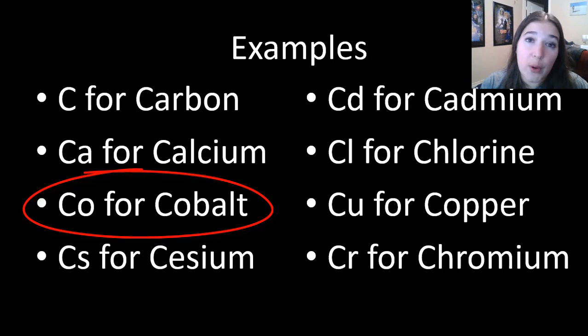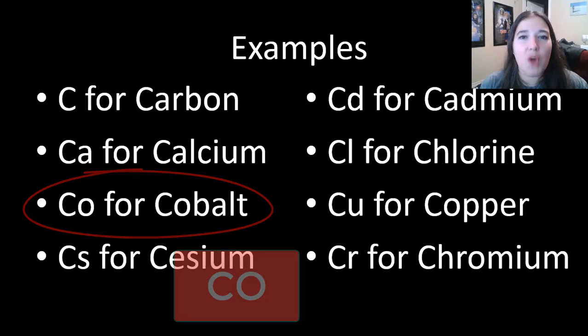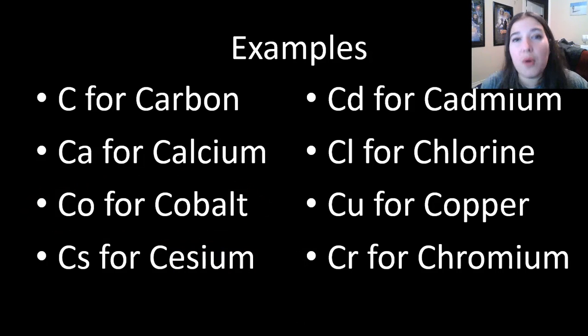Cobalt is Co. The lowercase o is so important because if that were a capital O, then I would not have cobalt anymore. I would have a compound of carbon and oxygen, and I would make carbon monoxide instead of cobalt. So it's very important that when you're writing and reading elements, you're paying attention to those chemical symbols and which ones are capital and which ones lowercase.